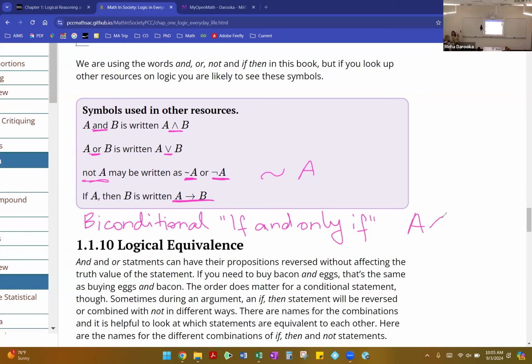And the symbol for that is actually a double-headed arrow. So that means you can go in either way. And I'll actually show you an example of that. You just save this page since your textbook does not have this symbol.